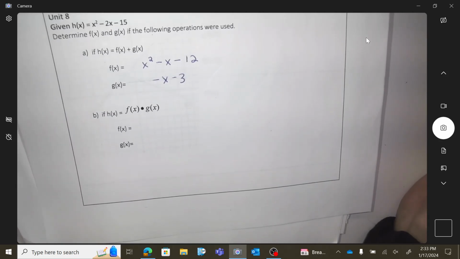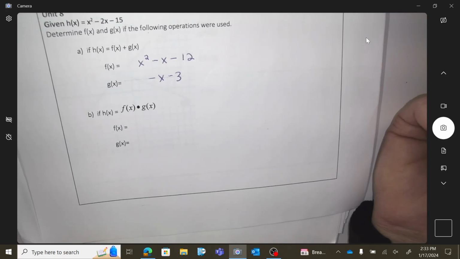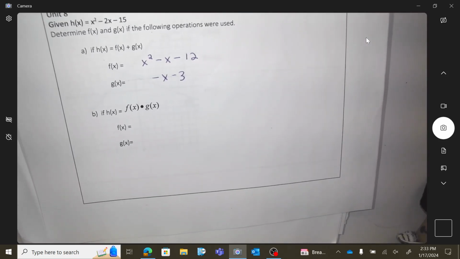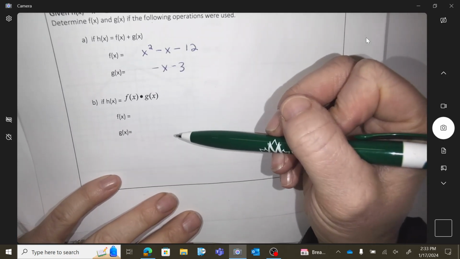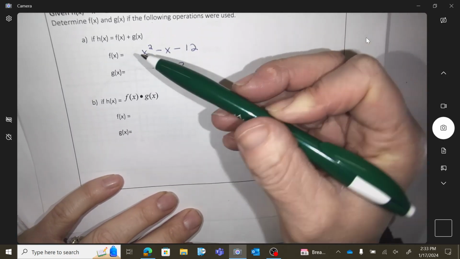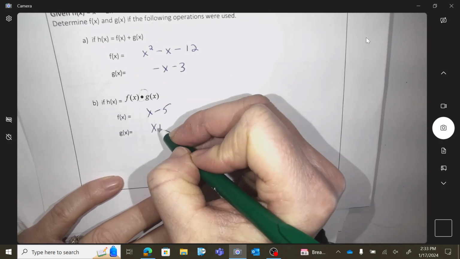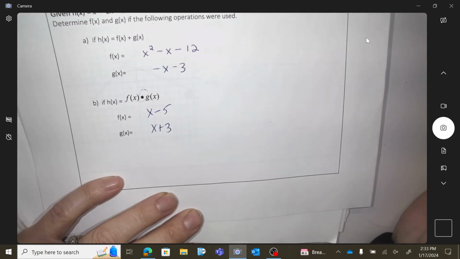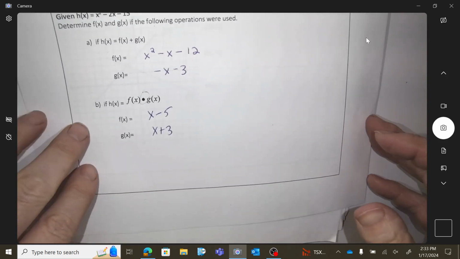There's lots of things, as long as when I add yours together, they make that. Okay, this one you have to think of two functions that would multiply, it says. So two functions that would multiply to get to that trinomial.